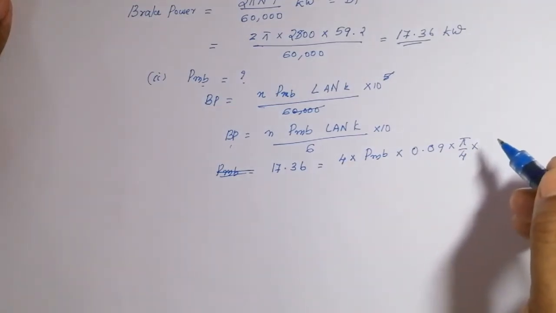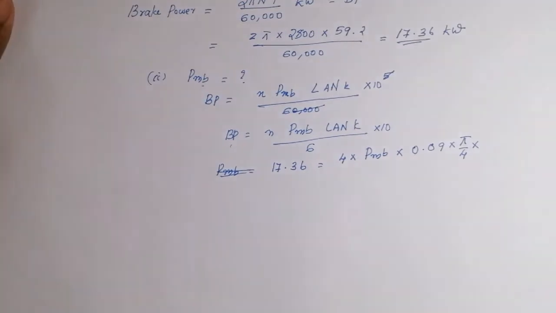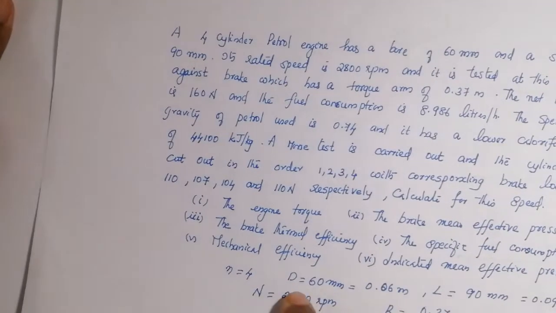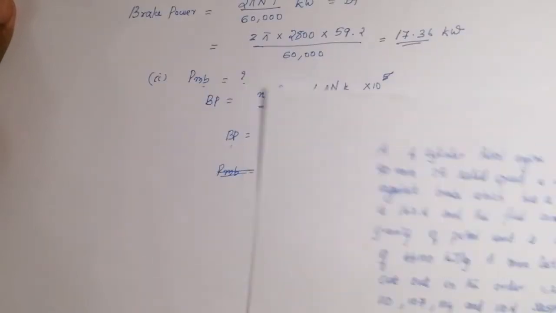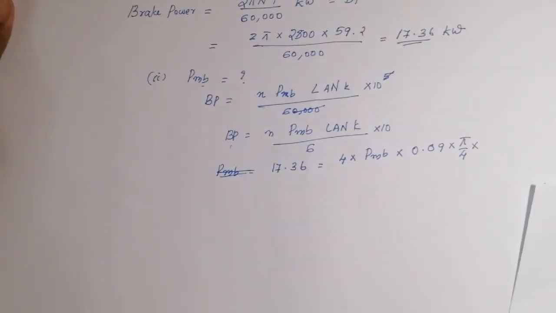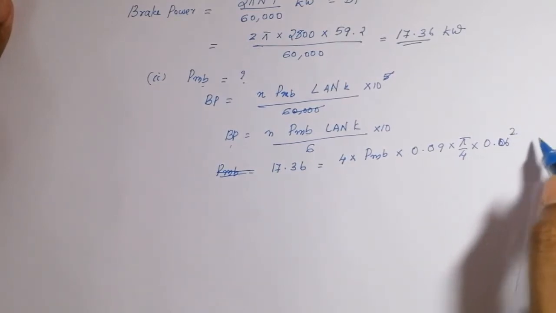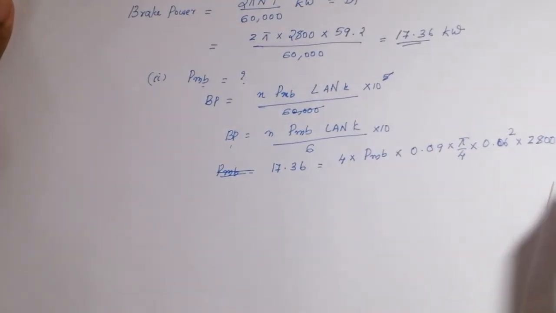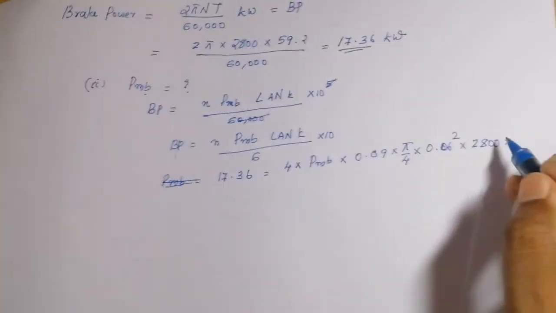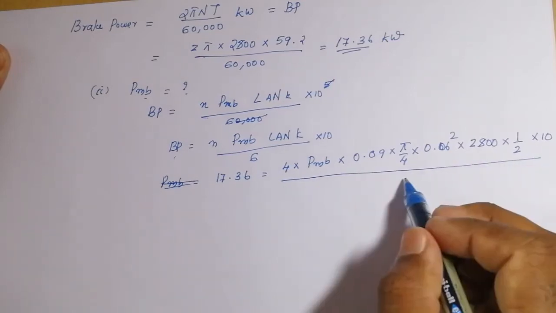നമുക്ക് എന്ത് തന്നിട്ടുണ്ട്? They have given the engine bore തന്നിട്ടുണ്ട് 0.06 meter ആണ്. So that is square into engine RPM it is 2800 into, since it is a 4-stroke cylinder, K is equal to 1 by 2 into 10 divided by 6.